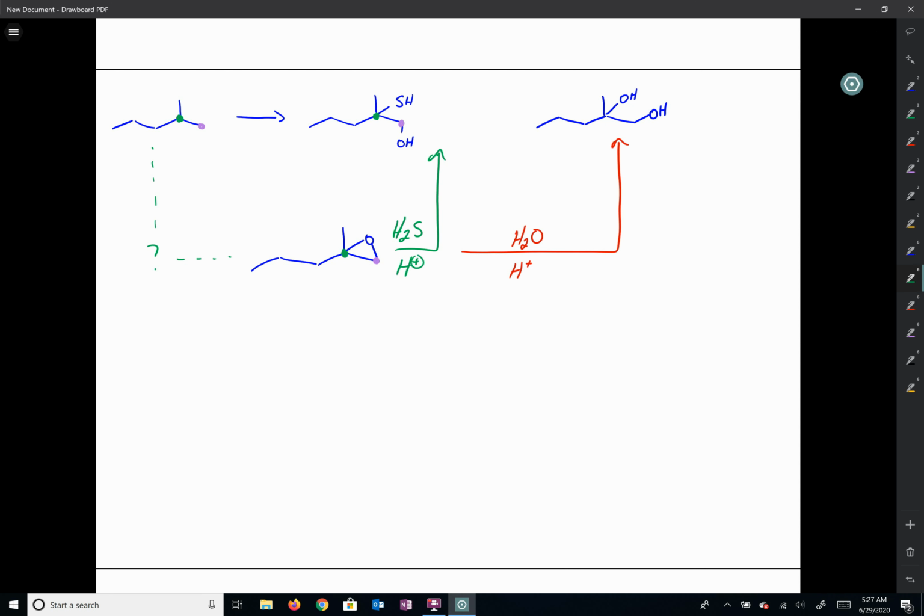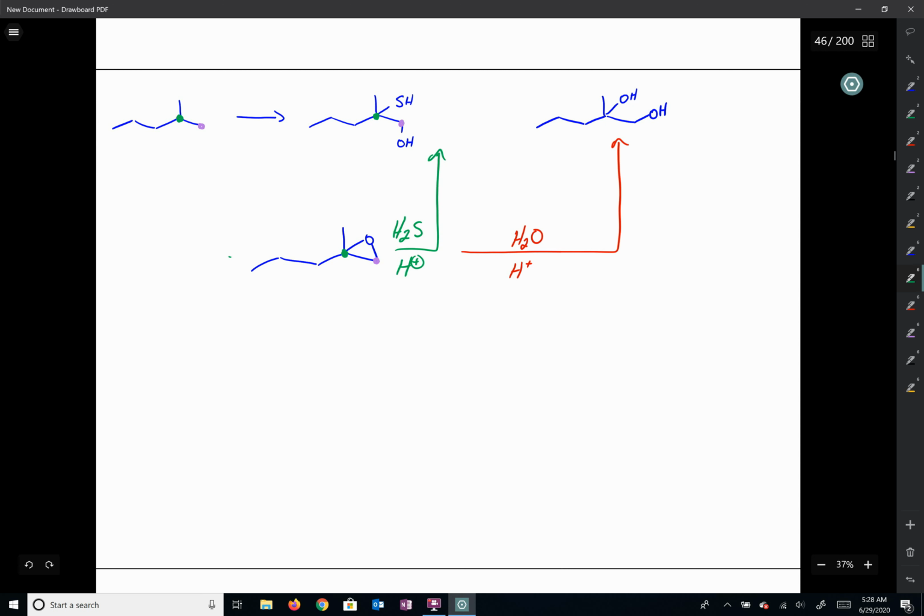How's the mechanism going to change? There is no difference, right? So if you can draw the mechanism for the pathway in red, then you can draw the mechanism for the pathway in green there. H2S versus H2O, not going to be a difference for those, okay?